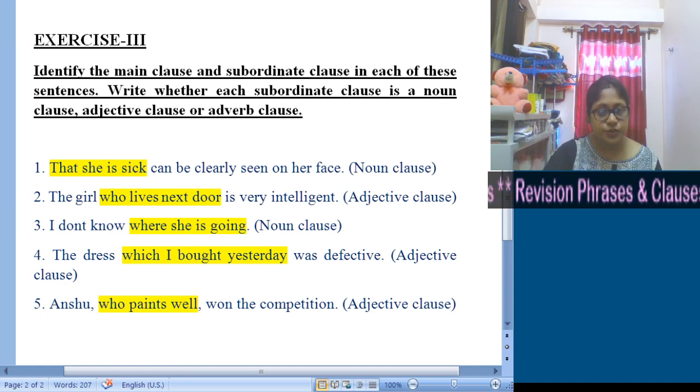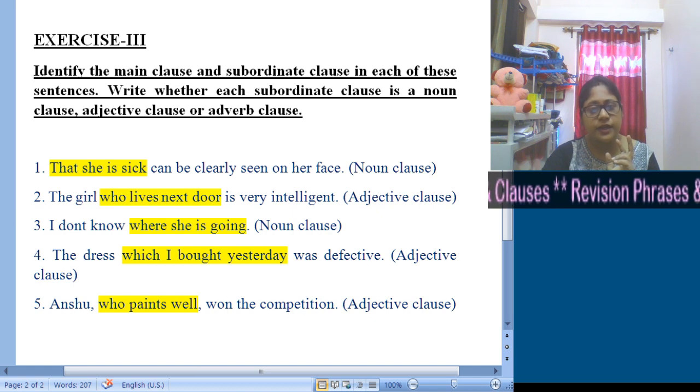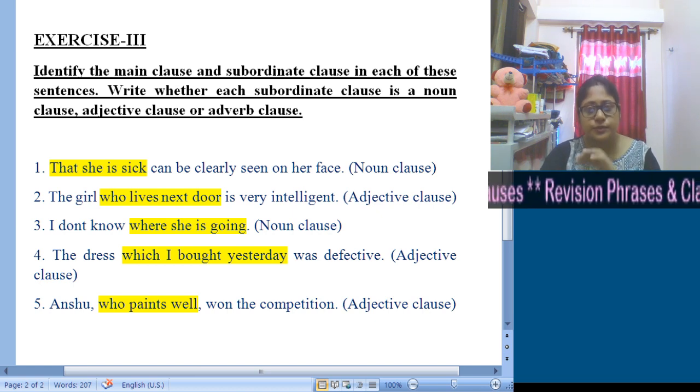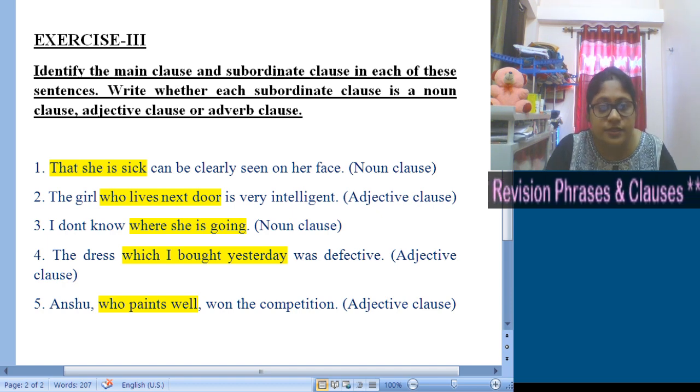Then comes number 2. The girl who lives next door is very intelligent. So, who lives next door is the subordinate part, and it speaks more about the girl. It is obviously an adjective clause.